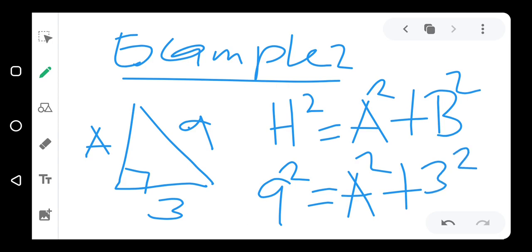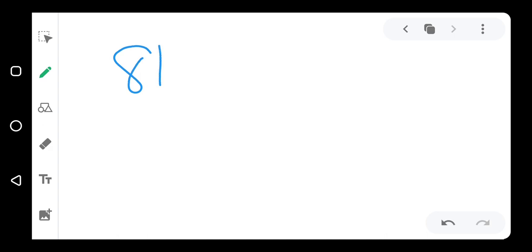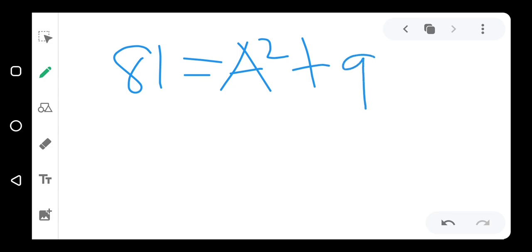So 9 squared is 81. It is equal to a squared plus 3 squared, which is 9.